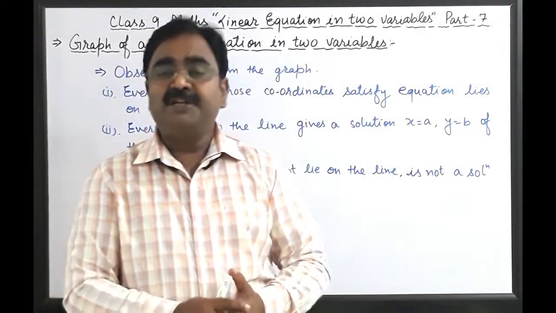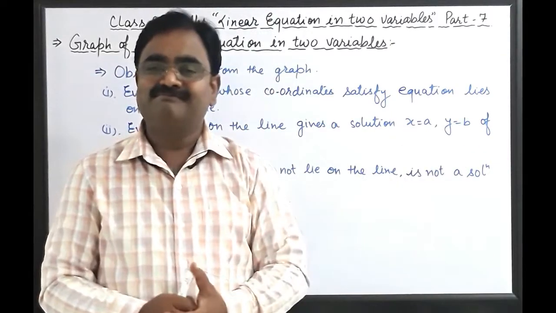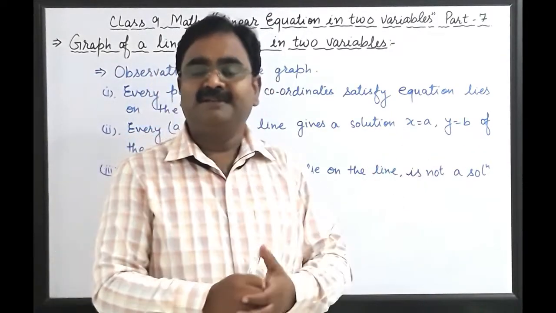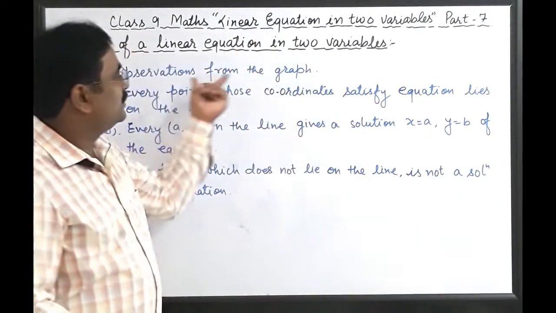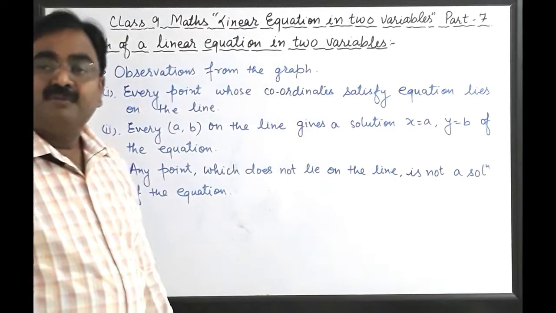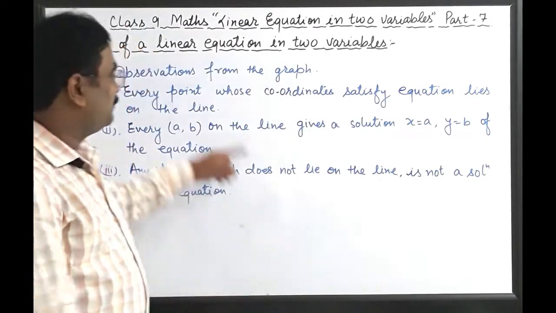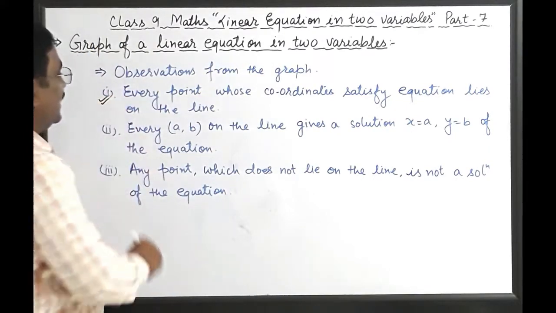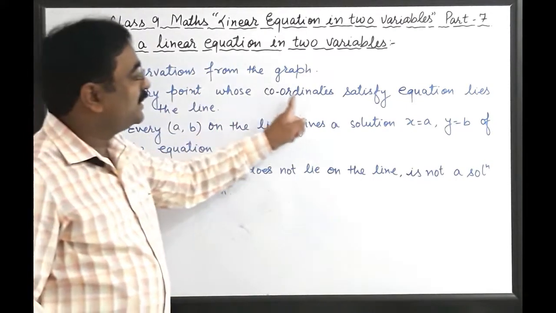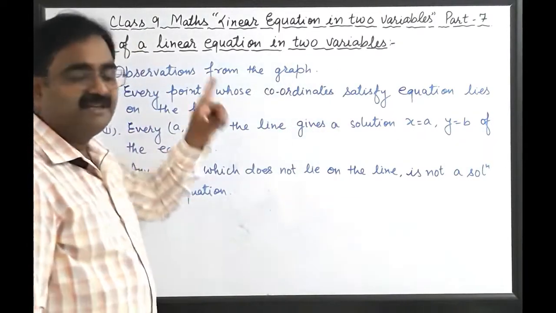After presenting these coordinates on the Cartesian system, on the Cartesian plane, we got few observations from this graph. What are those observations that you have to note down? The first observation is, what is the conclusion? Every point whose coordinates satisfies the equation lies on the line.